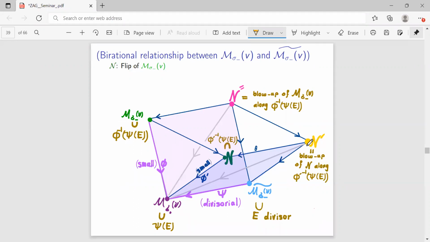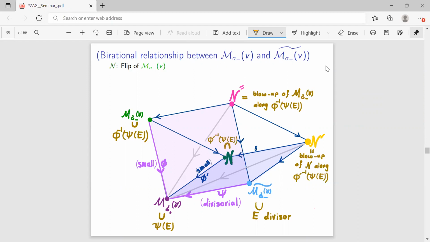So that's how you can relate these basically three spaces: M sigma minus, M sigma minus prime, and also this flip here, via these two auxiliary spaces N prime and N double prime that we just explicitly constructed.